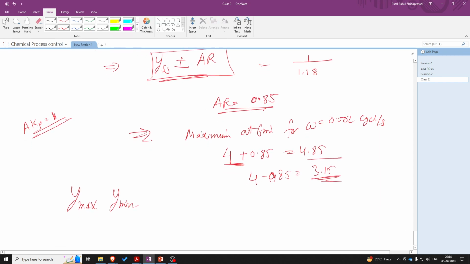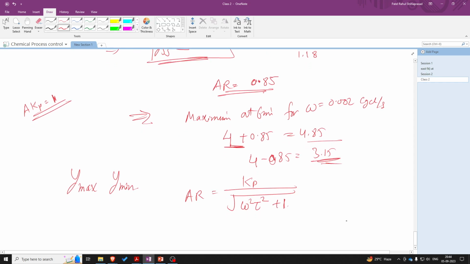So if you see, the amplitude ratio we found out as Kp upon under root of omega square tau square plus 1, and the maximum or minimum values are given as y plus or minus AR.